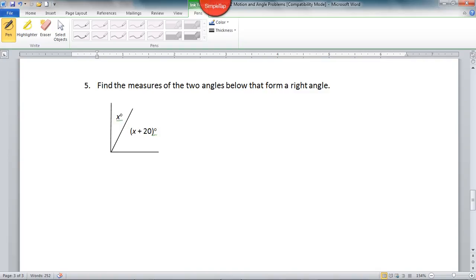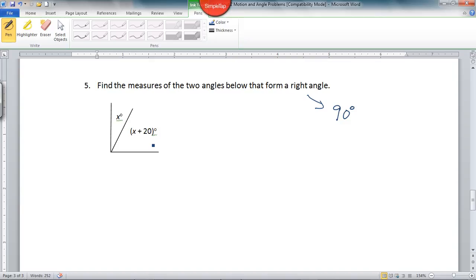All right, number 5 here, we've got to find the measure of two angles, and they are going to form a right angle. So we've got a right angle here, meaning 90 degrees, right? So these two in combination make a 90-degree angle.